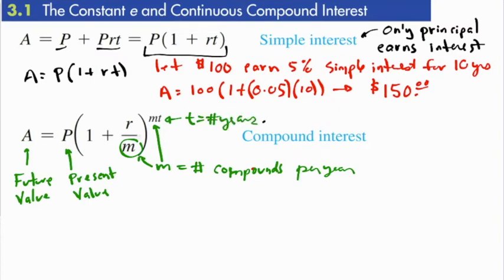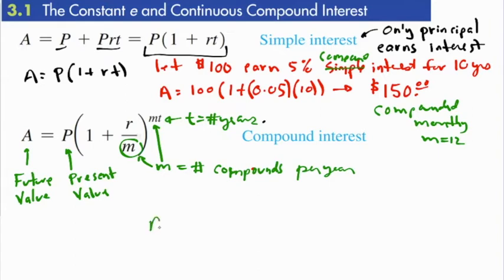So if we take that same example from on top, but instead of $100 earns 5% simple interest, we change it to compound interest, and let's say it's compounded monthly, that would make m equal to 12 times per year.